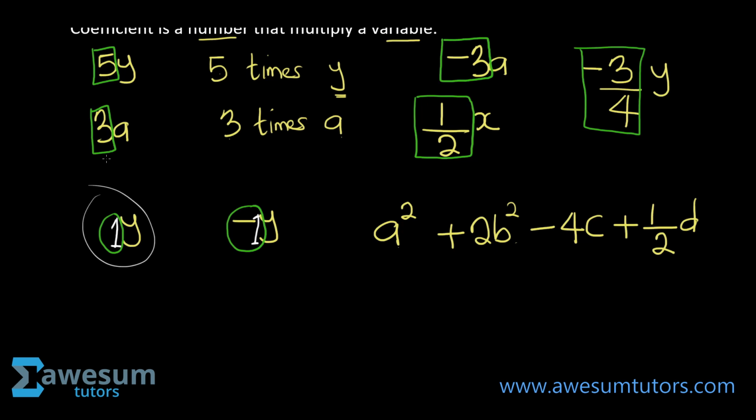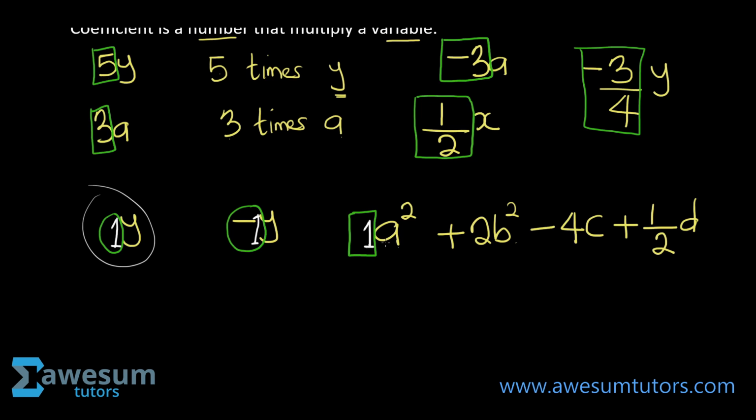Let us just take a look at this for us to better understand what we are talking about. This is a squared. If you take a look at this, there is an invisible 1 right here. So the coefficient of a squared is 1, because we don't see anything there.